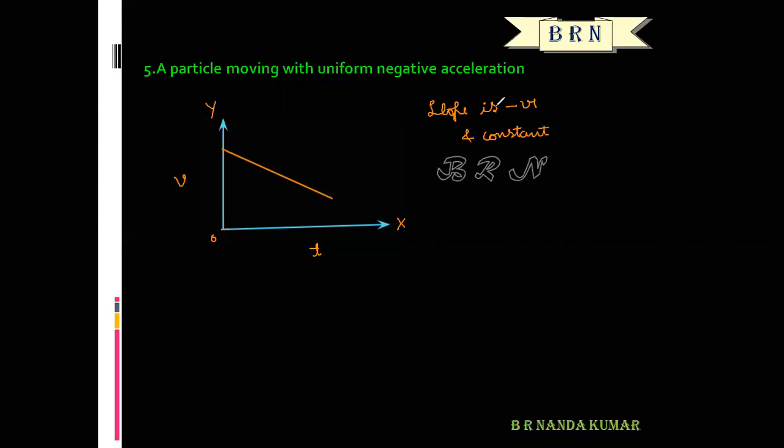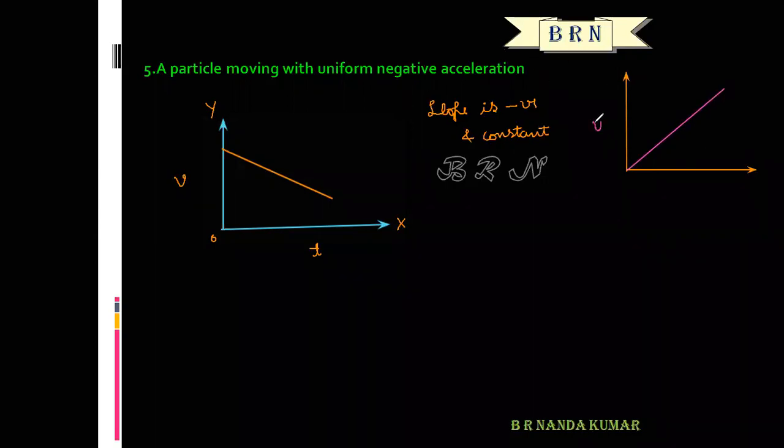Okay, a particle moving with uniform positive acceleration. So we will get a graph like this. This graph shows a particle moving with uniform positive acceleration.